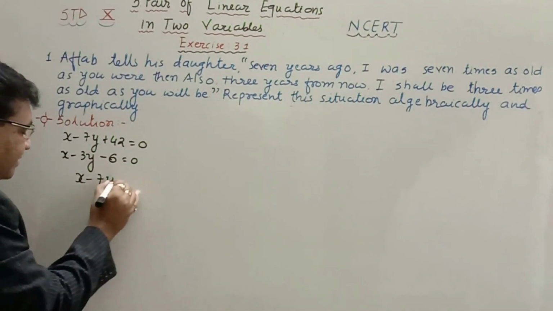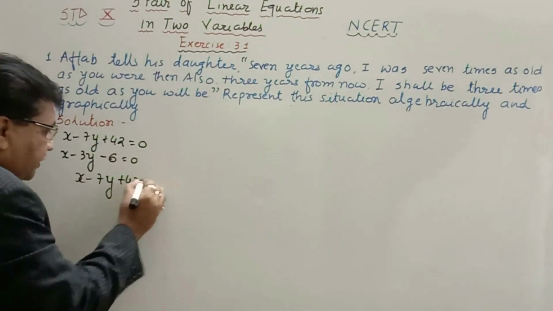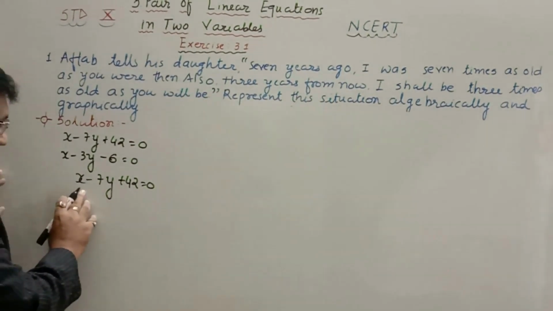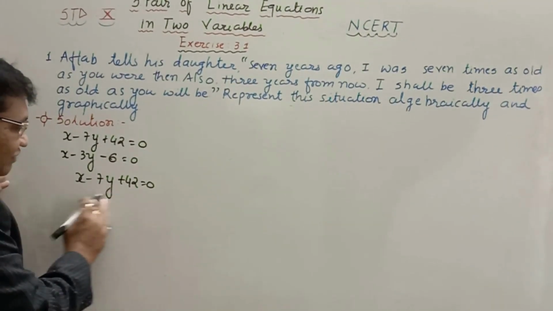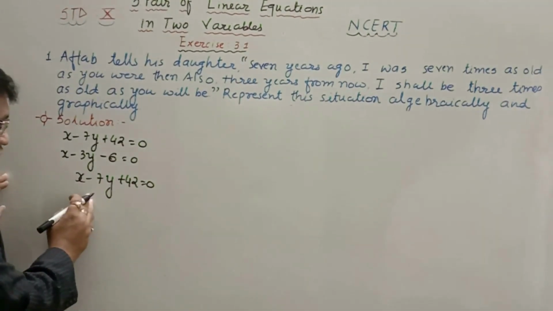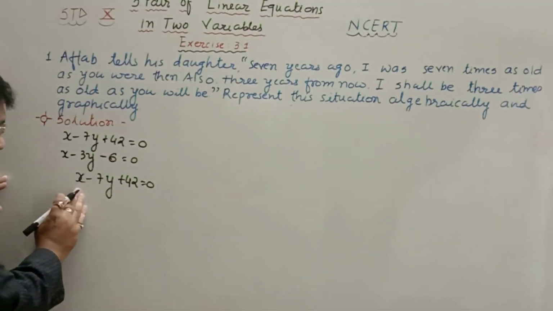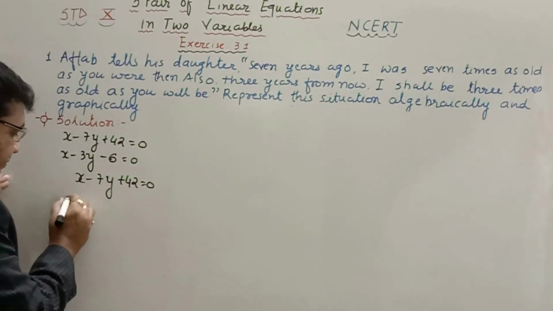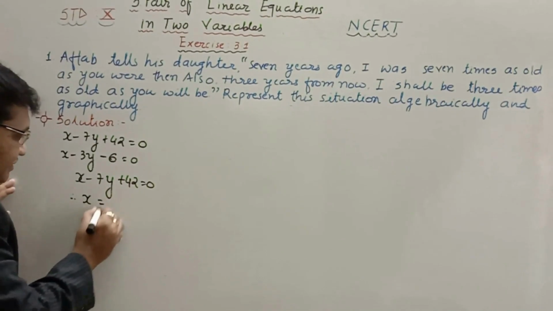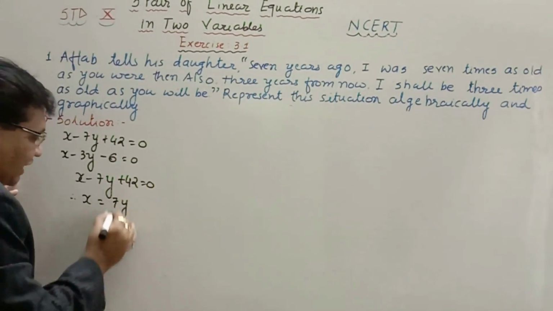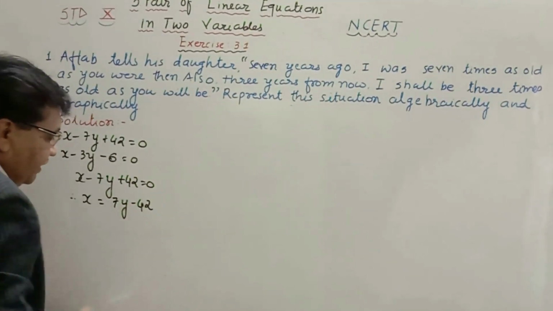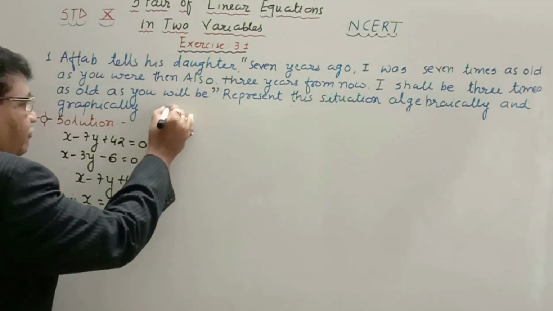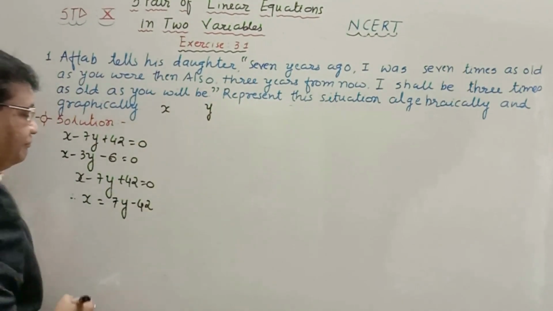X minus 7y plus 42 equals 0. To get the values of x and y, what do we do? The variable with the least coefficient we write on the left side. Therefore, x equals 7y minus 42. Now what do we do? We assume the values of x and y.